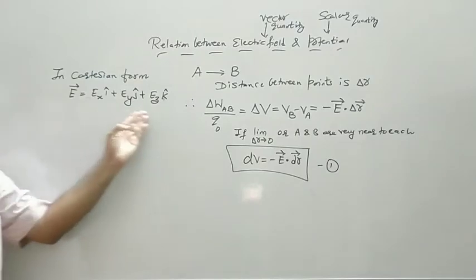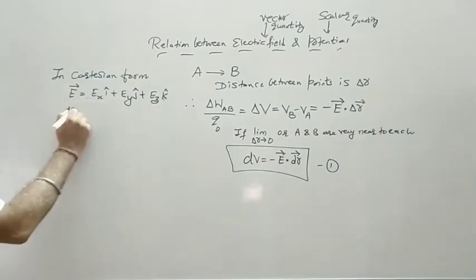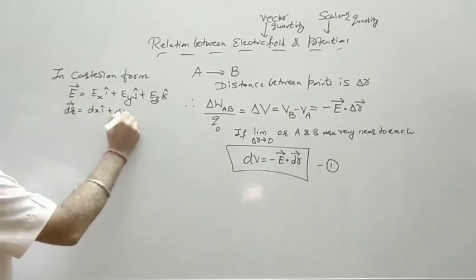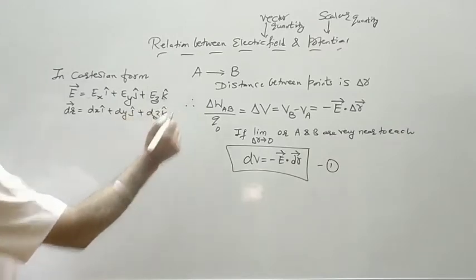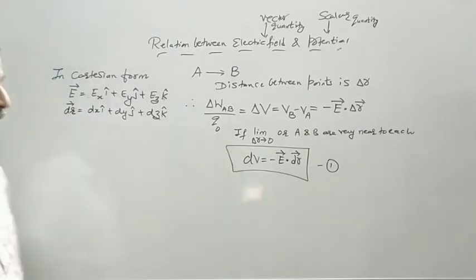So E can be written like this in the Cartesian form, and similarly dr vector can be written as dx i plus dy j plus dz k. Now it will be important how you are moving in the electric field.